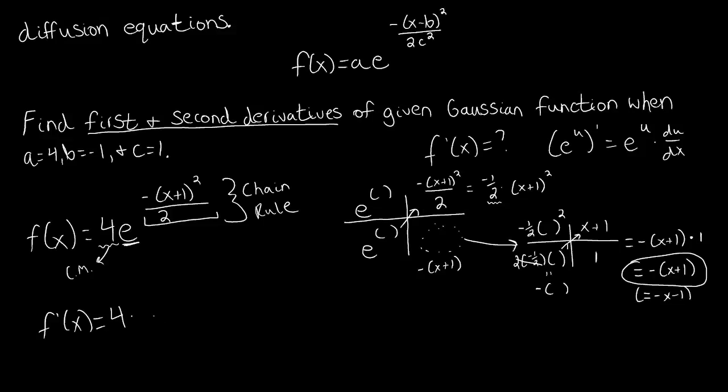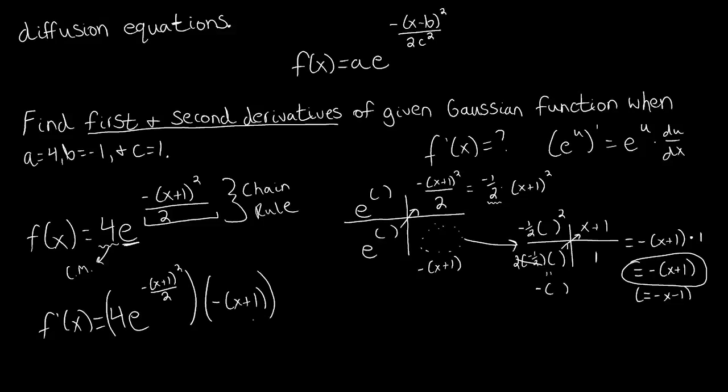That doesn't change. So we have 4e raised to negative x plus 1 squared over 2. So this is our first part of it, e being raised to the original inside function, but then we multiply this whole thing times negative x plus 1.